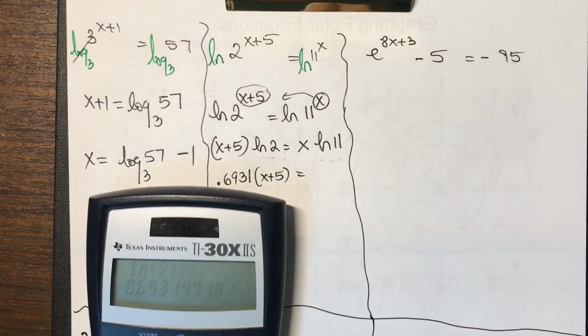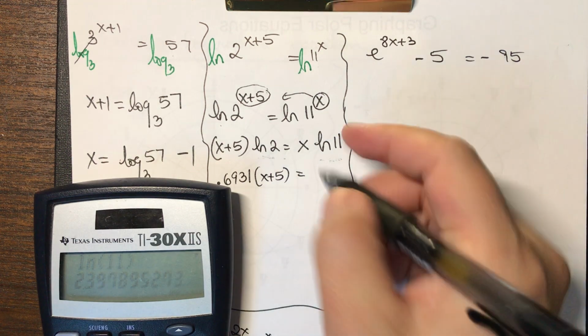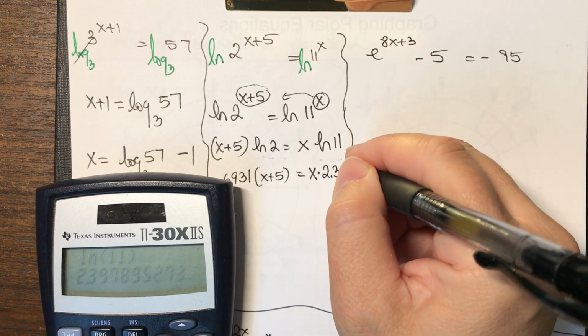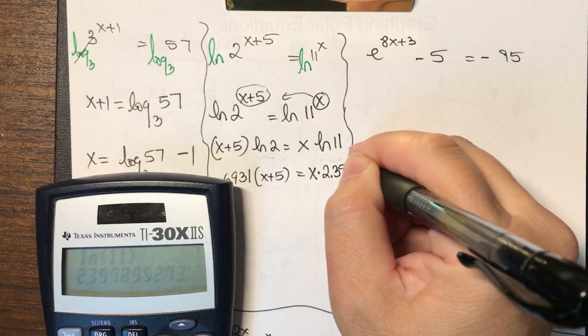And ln of 11 is 2.3979. All right, there you go.